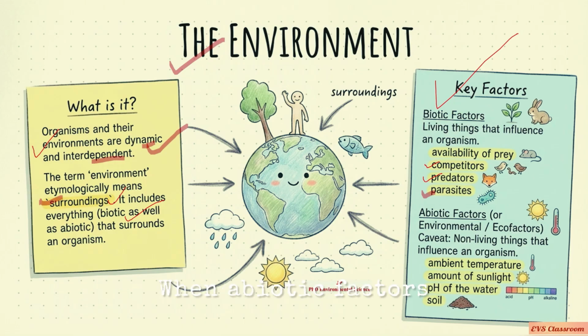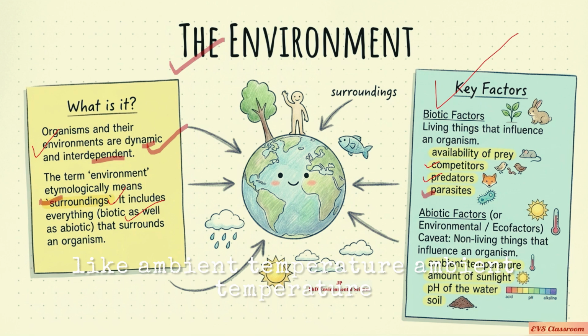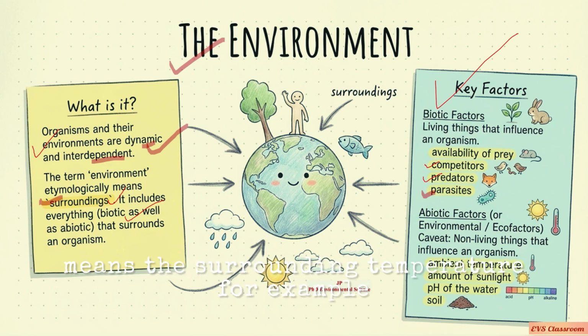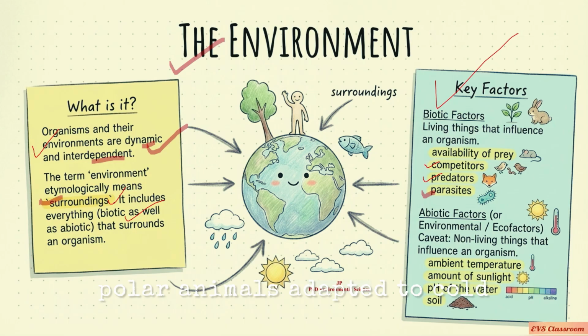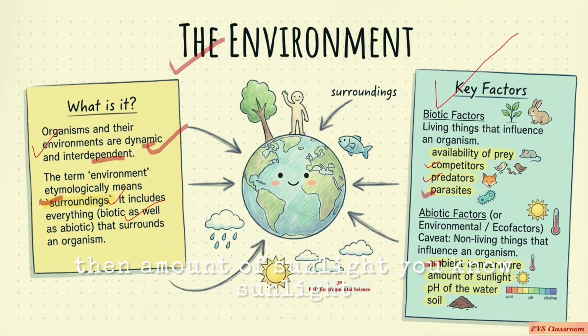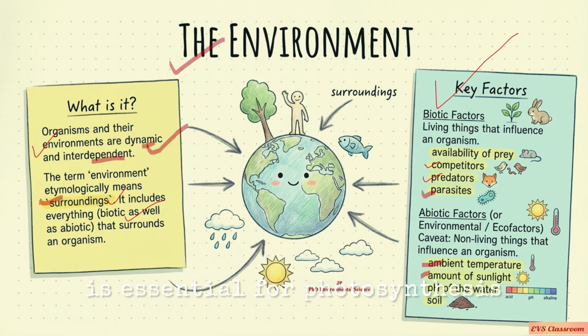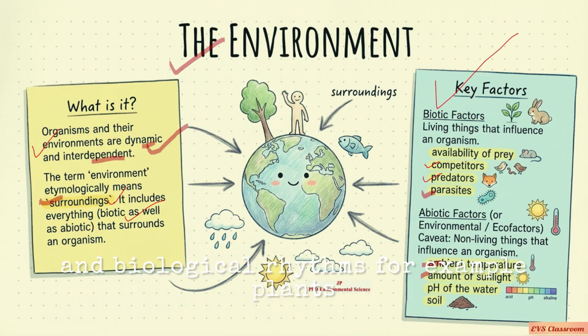Then abiotic factors. These are physical and chemical factors that affect life processes, like ambient temperature. Ambient temperature means the surrounding temperature. For example, polar animals are adapted to cold and desert animals are adapted to heat. Then amount of sunlight. Sunlight is essential for photosynthesis and biological rhythms.